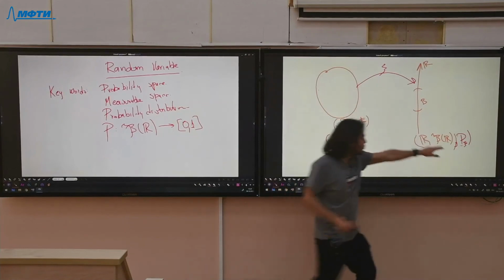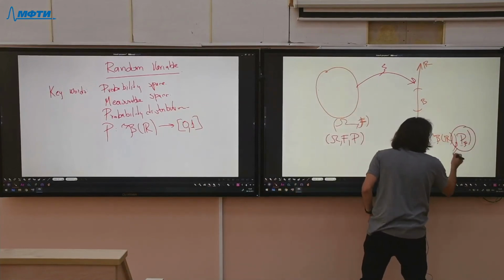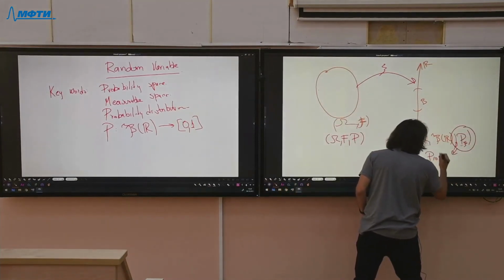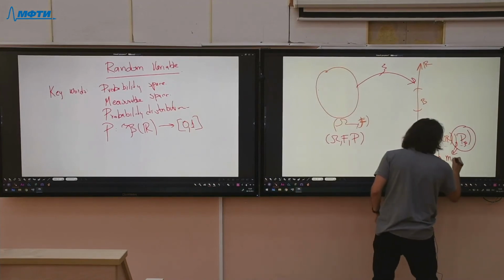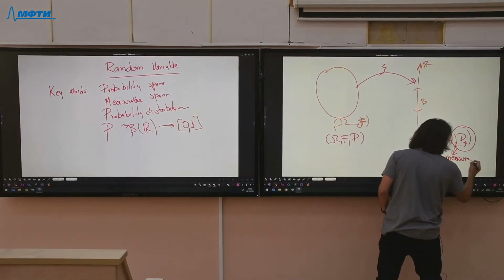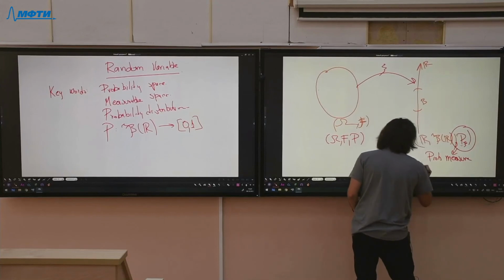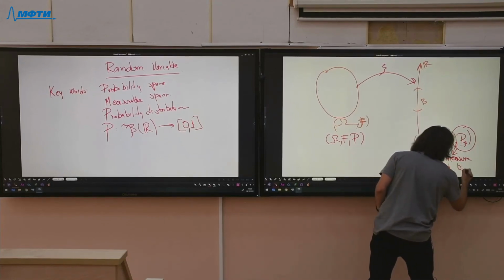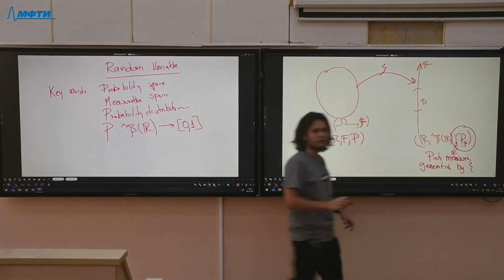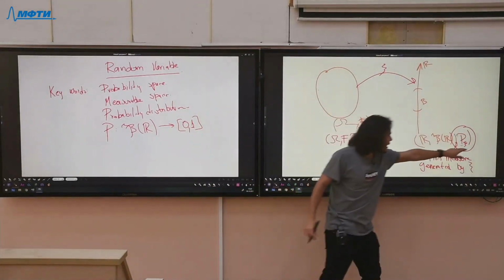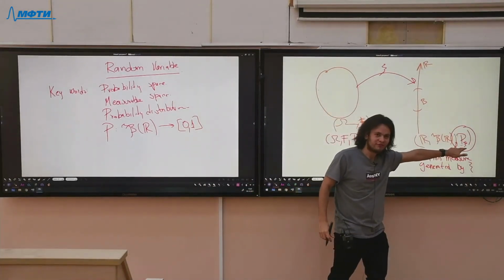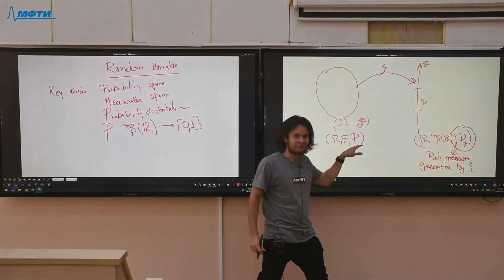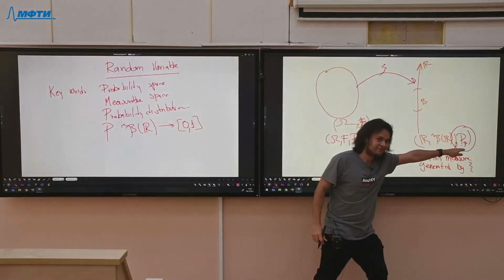This is the probability measure generated by psi, and this is a probability distribution. This one is not. This is.